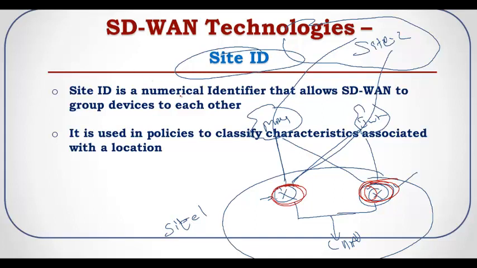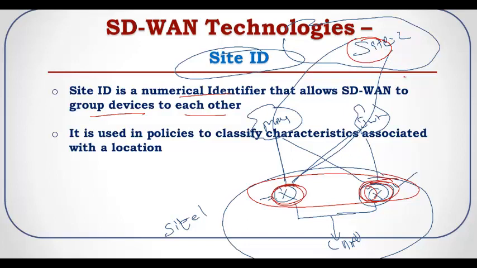Site ID is a numerical identifier that allows SD-WAN to group devices to each other. So these two form one site because they have the same site number, whereas this one has a different site number.